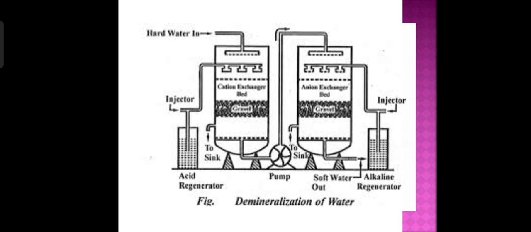So at that time again the exchangers will be known as exhausted. So the exhausted exchangers have to be regenerated. Then what will be done? We will introduce the acid regenerator to recharge the cation exchanger. With the help of the injector, dilute acids are taken and injected into the cation exchanger.